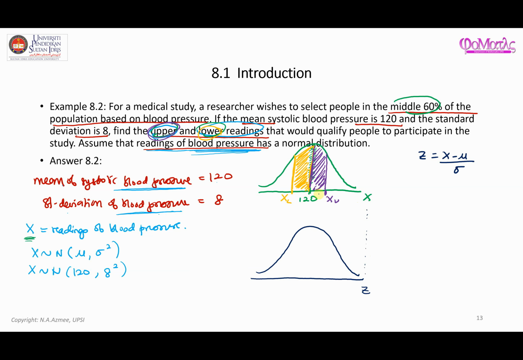So if X is 120, Z will become 120 minus what is mu? Mu is also 120, over sigma, which is 8. So the value of Z when X is 120 is 0. So this value from 120 will be transformed into the value of Z equals 0 at this center point as well.